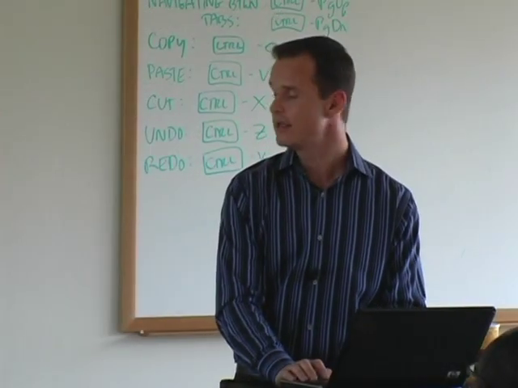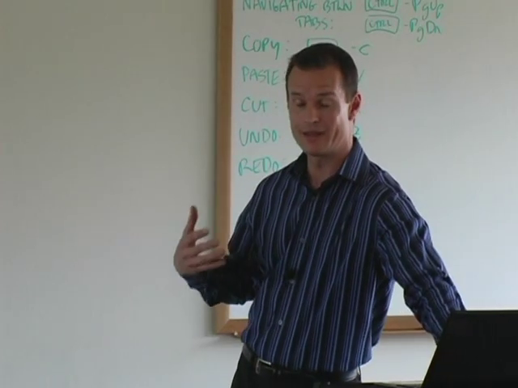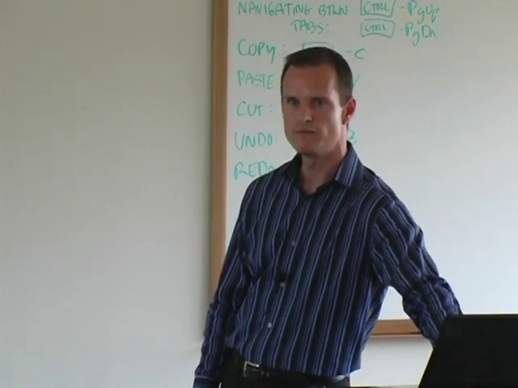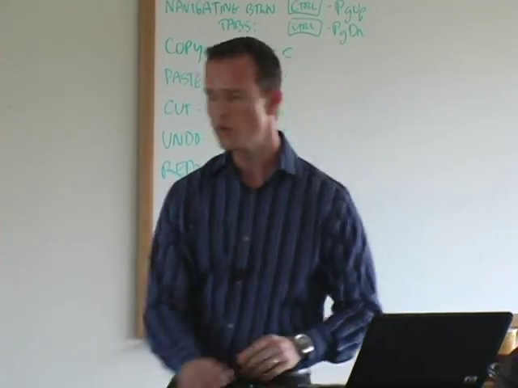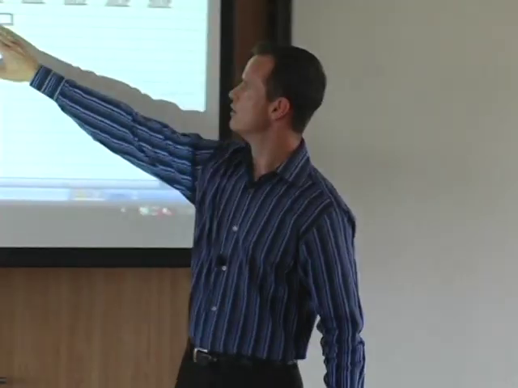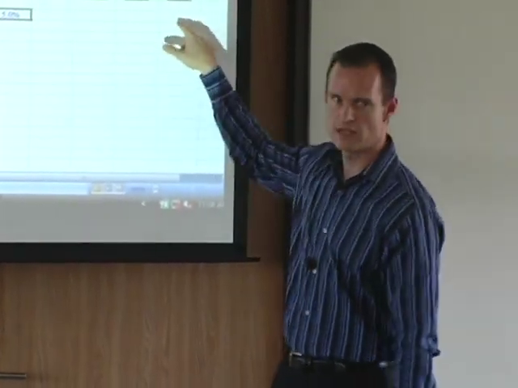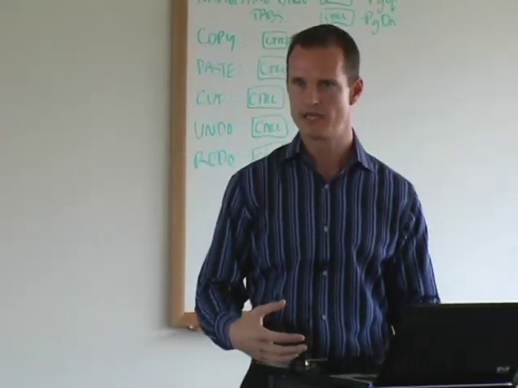The third way to copy something across is using what is called a fill command. A fill command basically works like this. If I want to copy this cell and fill that into these cells out to the right, I can use a fill command, which is a little bit quicker than using copy and paste.